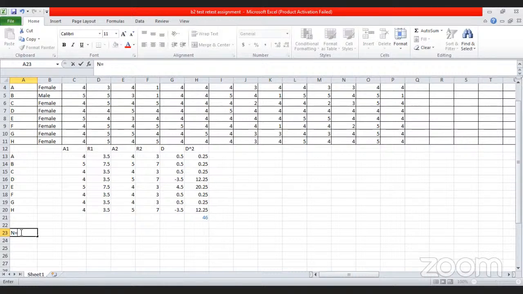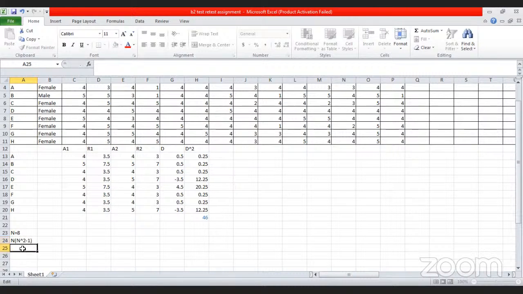Yes, n equal to 8. So we have to do n into n square minus 1. We have to find out n into n square minus 1.